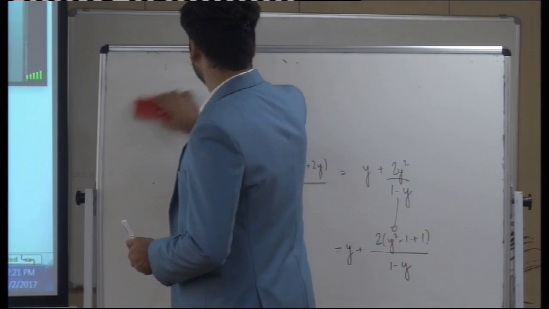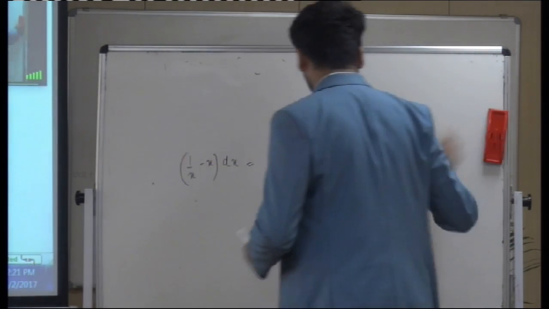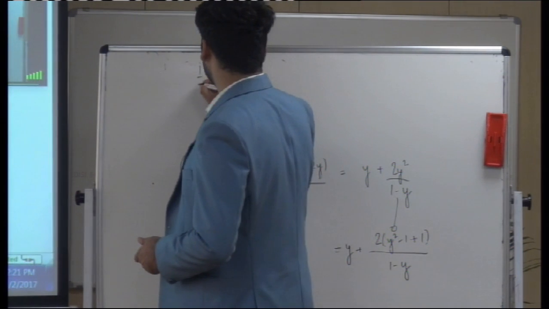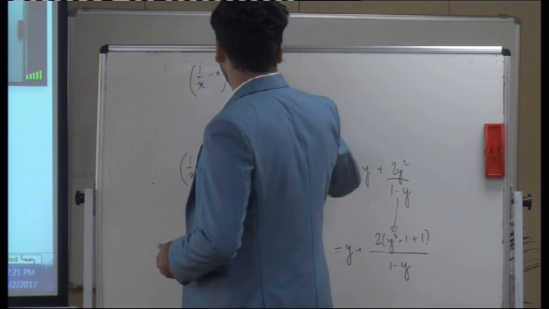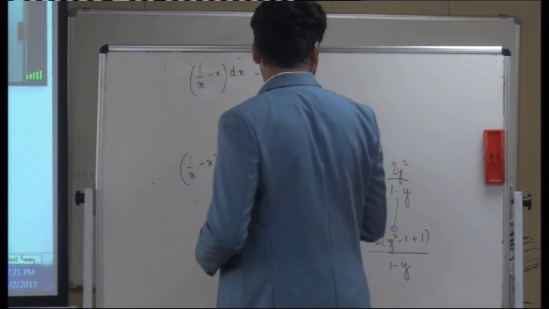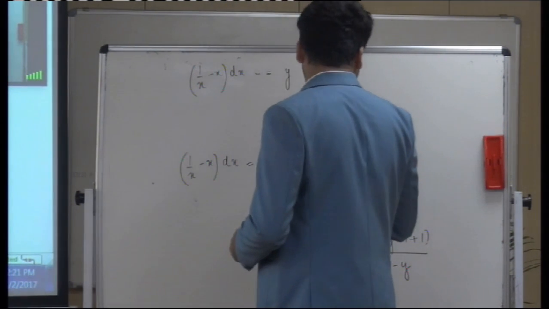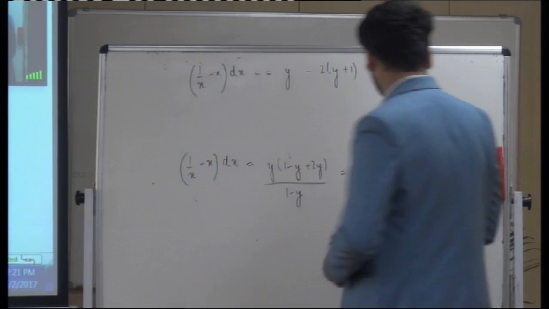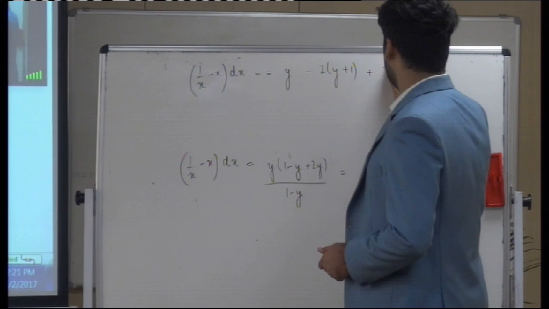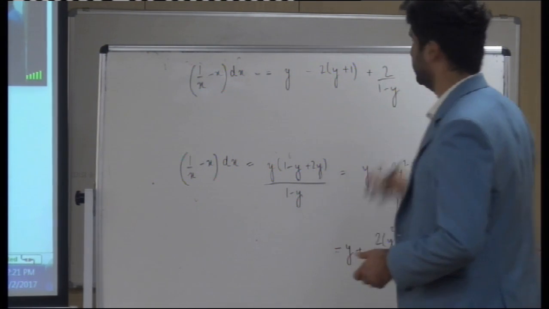So this is simple integration. So 1 upon x minus x dx will be equal to y minus 2 times (y plus 1) plus 2 upon 1 minus y. Any doubt?